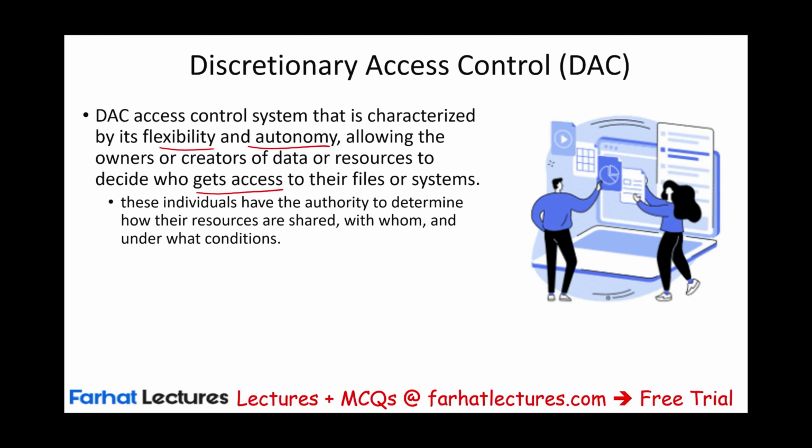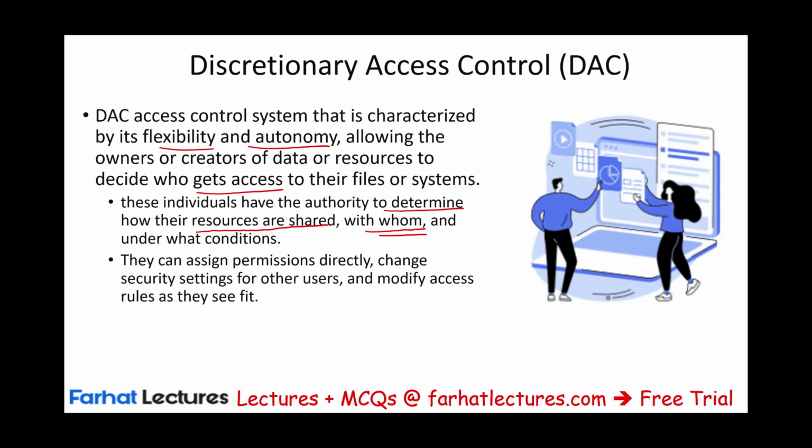These individuals have the authority to determine how the resources are shared because they're the owner. Who do they want to share it with and under what conditions? They could also assign different permissions directly, change security settings for other users, and modify access rules as they see fit. Who can do that? The owners or the creators of this data.